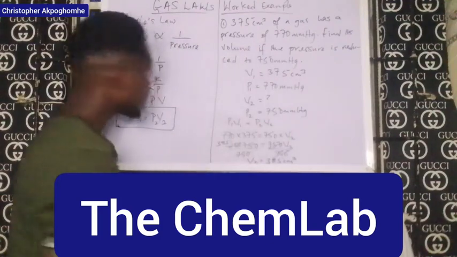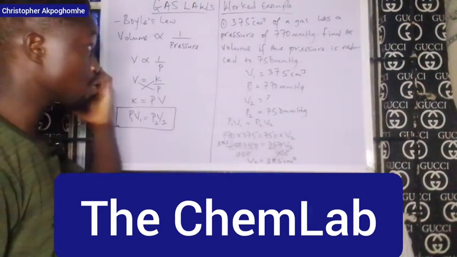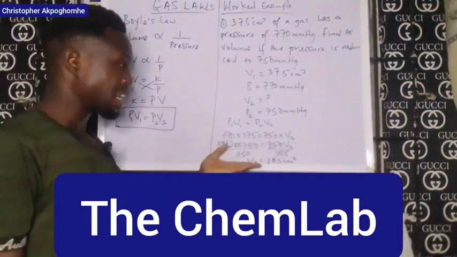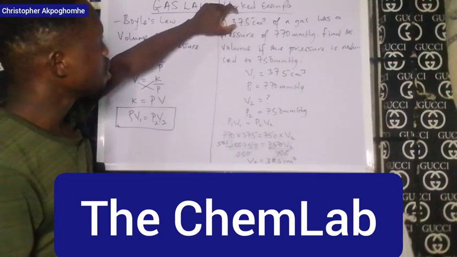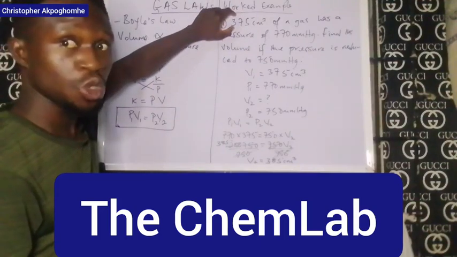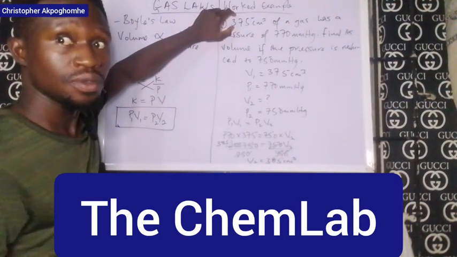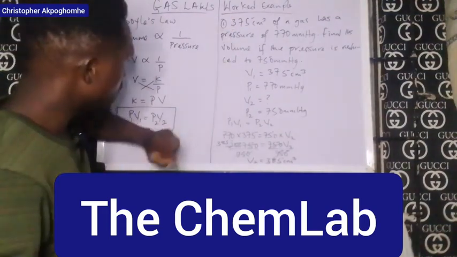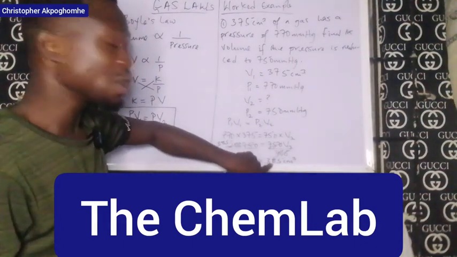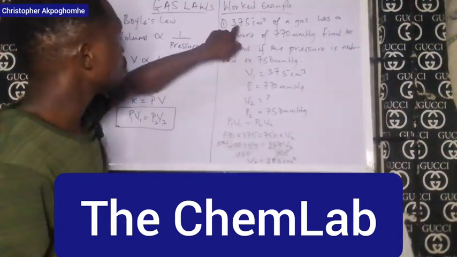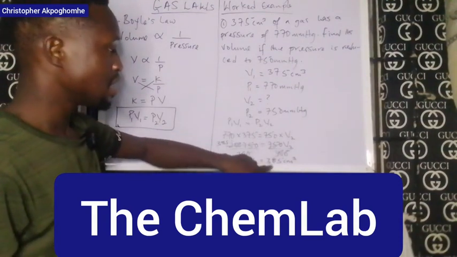cm3. Now, let's see whether we have successfully been able to practically apply Boyle's law. Now look at this question. 375 cm3 was the original volume of the gas. Now, the volume it changed to was now 385. So, between these two, which one is higher?